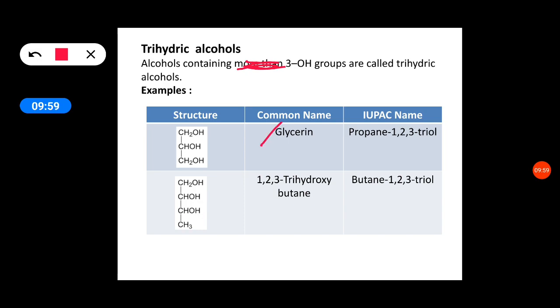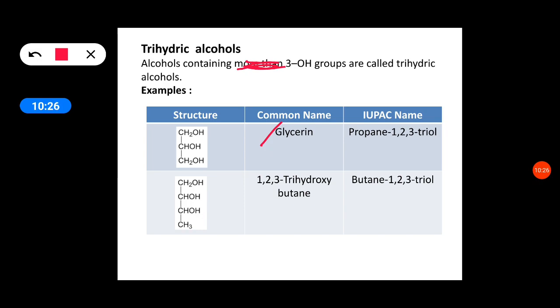You may have heard the name glycerin, which is frequently used in cosmetics, in the preparation of soaps and other cosmetics. This glycerin is obtained by alkali hydrolysis of oils and fats.